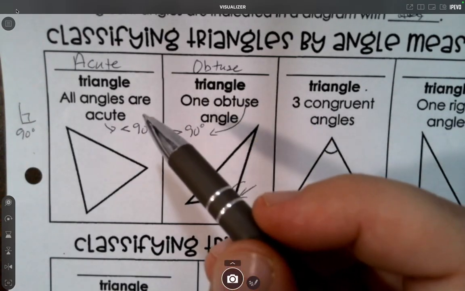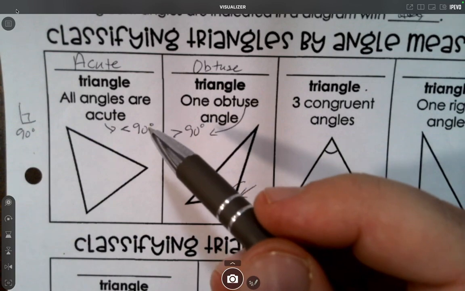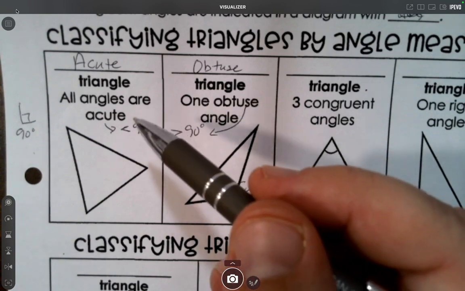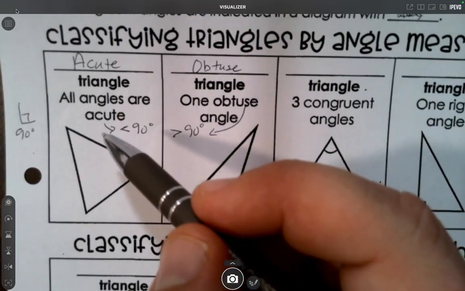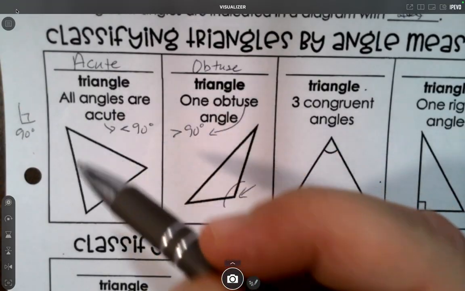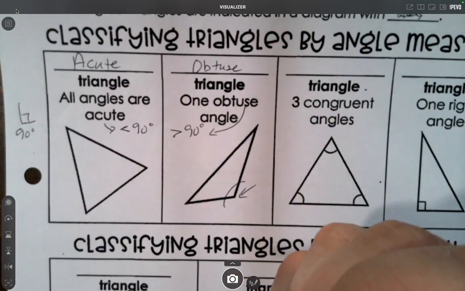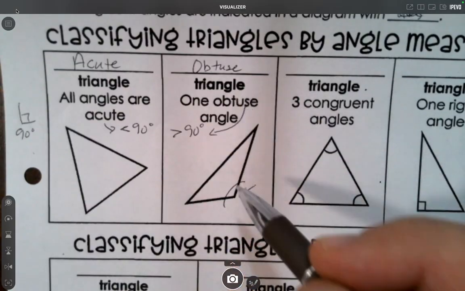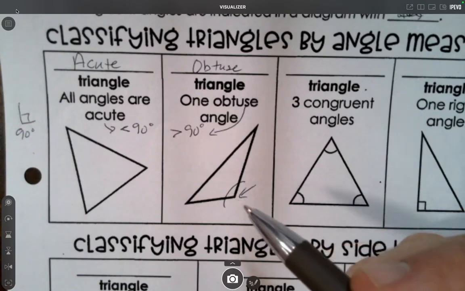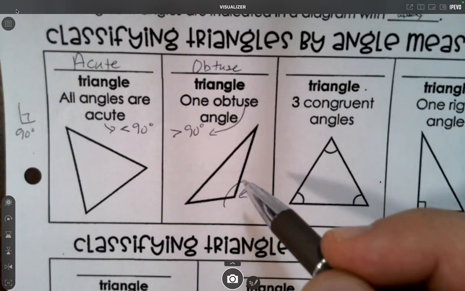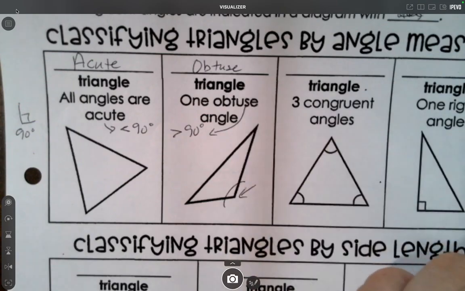Now just so you know, this isn't something we'll do in great detail right now because you're in pre-algebra, but in geometry there'll be lots more detail about this. For it to be acute, all 3 have to be acute. For it to be obtuse, just one angle would be obtuse. It's actually impossible for a triangle to have more than one obtuse angle. So if there's just one obtuse angle, it's called an obtuse triangle.